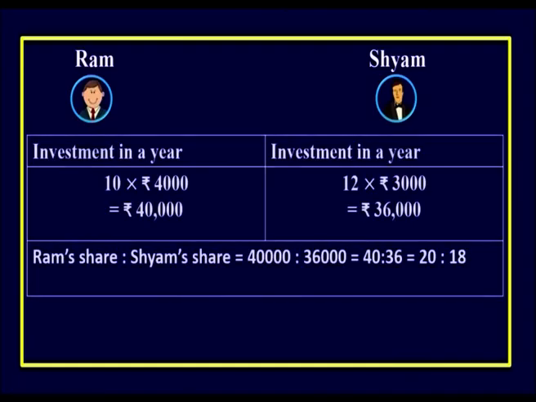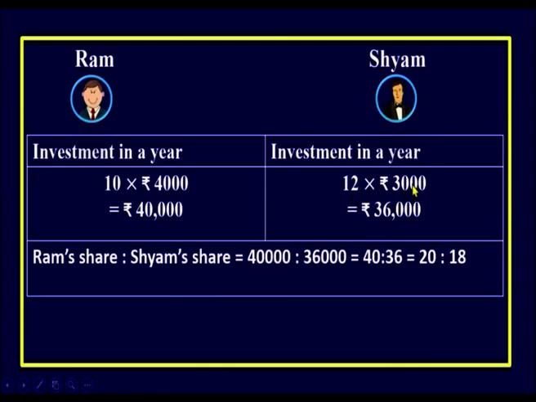So, let us see how much investment they have made in the complete year. Investment in the year from Ram's side is 10 months, each month 4,000. So, total he has invested 40,000 rupees in that year. Okay, children. Whereas if you consider Shyam's, he has invested for 12 months, but only 3,000 per month.